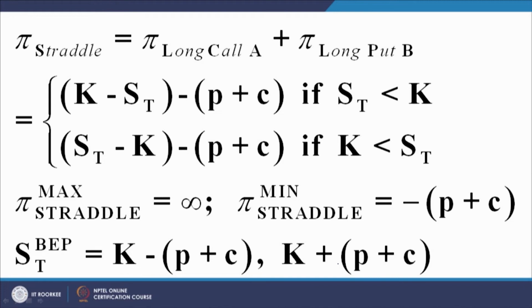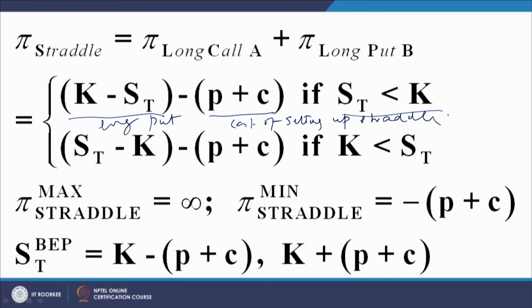The profit function can also be arrived at analytically. For the long call, if ST is less than K, what happens? The long call lapses and the long put is in the money, and this is the cost of setting up the straddle.